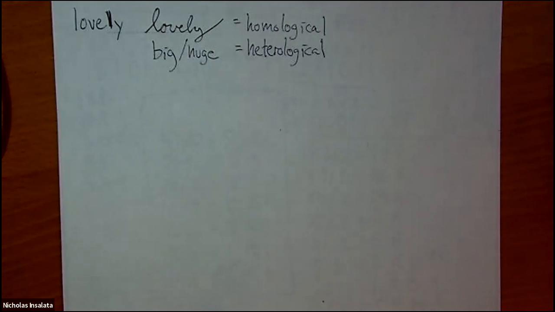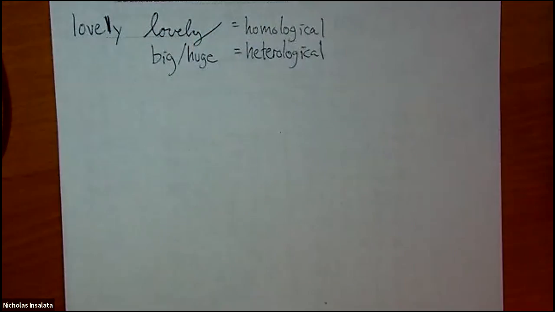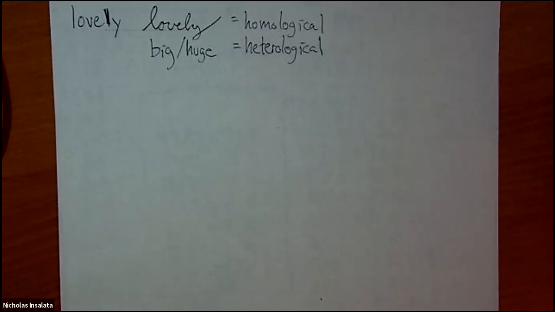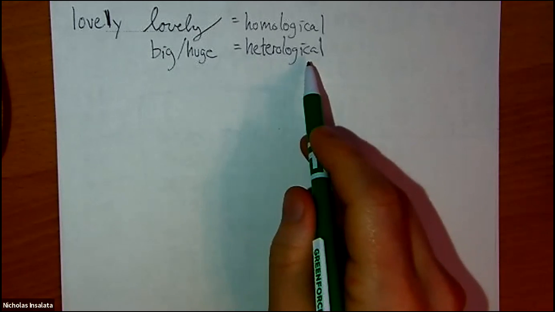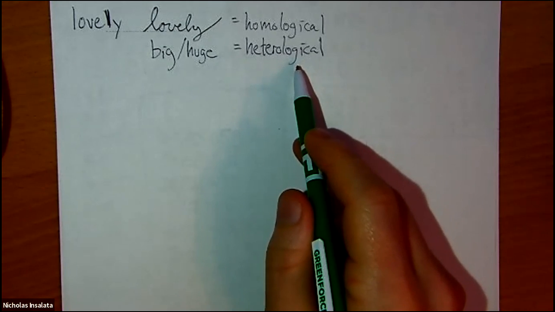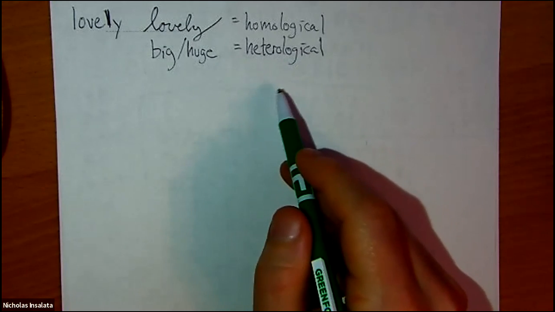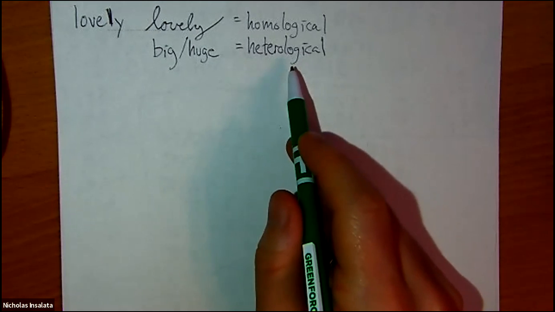Long, that's another good one. Yep, yeah, I agree. Okay, so now we're thinking, is the word heterological heterological? Is this word different than its own description? Well, there are 2 possibilities. That could be either true or false, right?